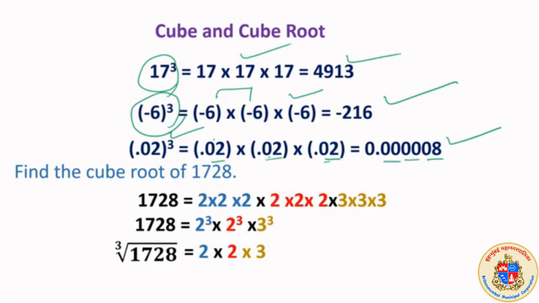Whenever the question comes cube root, 5 into 5 is equal to 25, square root of 25 is 5. If it is 5 into 5 into 5, 125, cube root is 5. So 3 makes a set. Here is a sample 1728, one set, two set, same numbers.